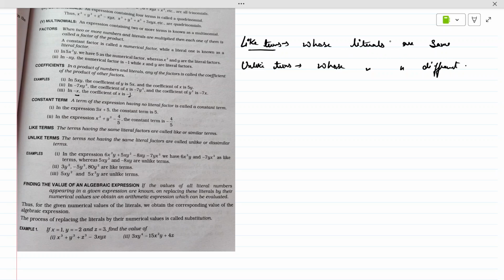Or you can say whose literal factors are same and whose literal factors are different.